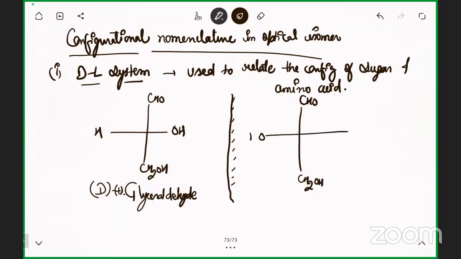On the left-hand side it will be OH, on the right-hand side H. Its rotation will be levo, so it is L minus glyceraldehyde, with a different type of configuration that we will learn as R and S.